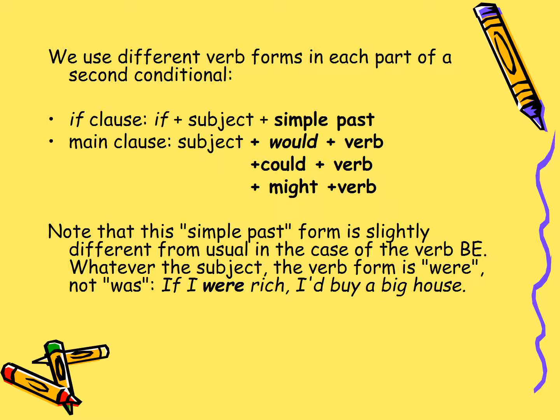If clause: if plus subject plus past simple. Main clause: subject, we can use would, could, or might plus a verb. Note that this simple past form is slightly different from usual in the case of the verb be. Whatever the subject, the verb form is were, not was. If I were rich, I would buy a big house.